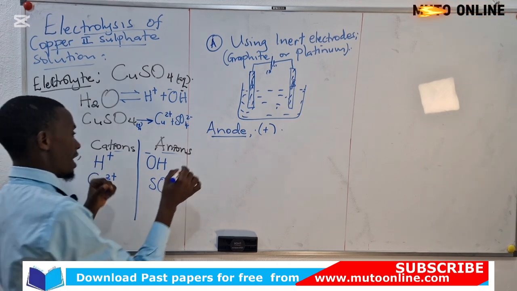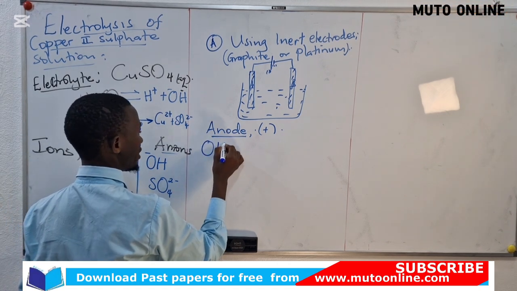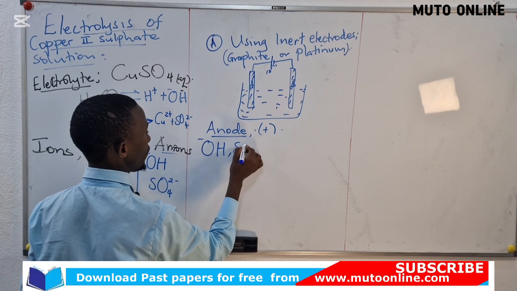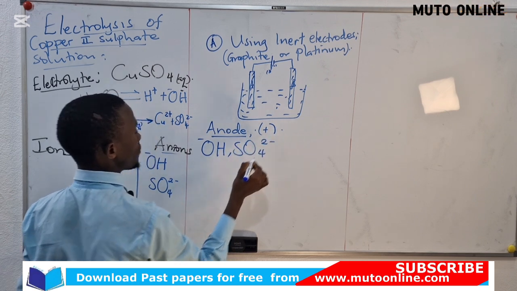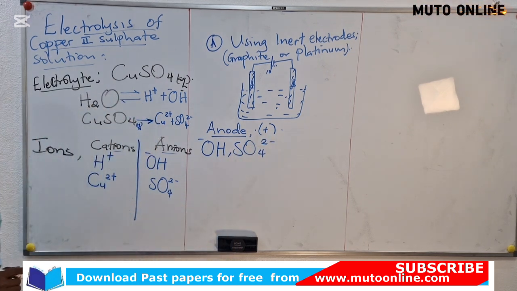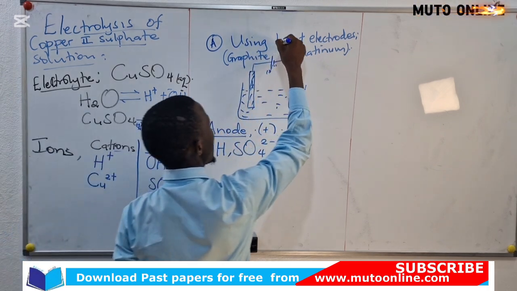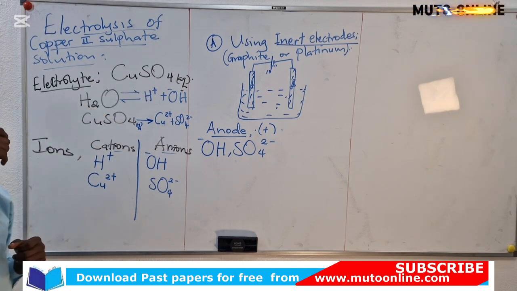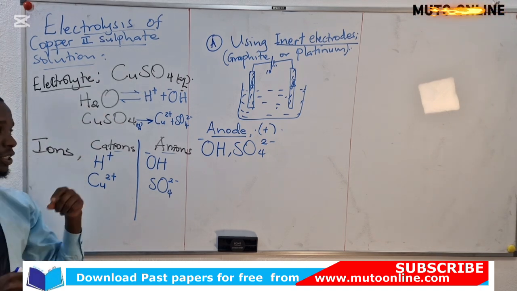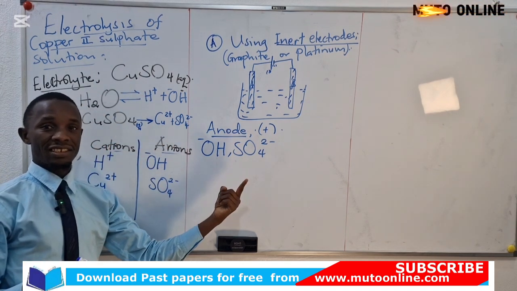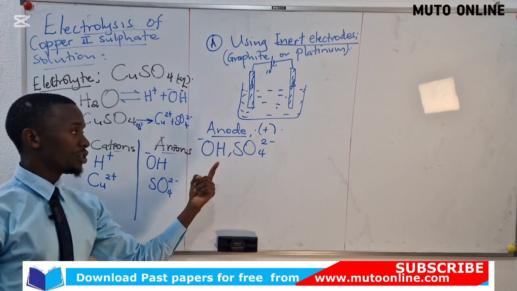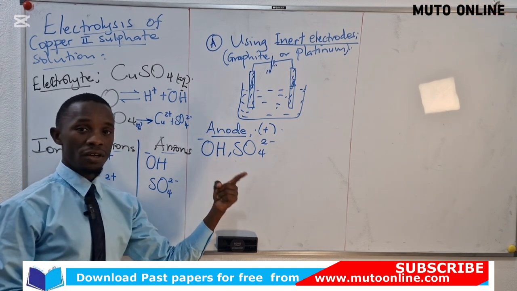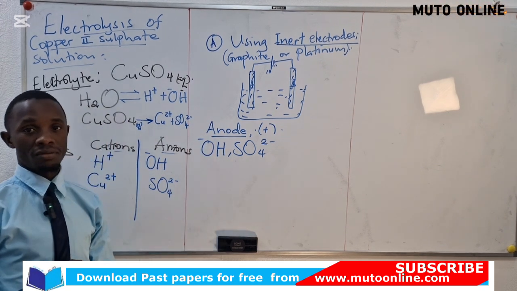It means that here the hydroxide ions and the sulfate ions will migrate to this electrode. If we use an inert electrode, we follow the other two factors: the concentration of the ions or the position of the element or radical in the reactivity series.